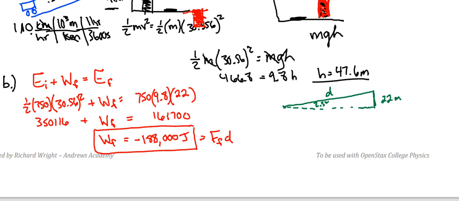So what is this distance? Again, the sine of the angle is equal to 22 over the distance. So the distance over which friction is able to act is 22 divided by the sine of 2.5 degrees. So that is a long 504.4 meters. And so that's what goes here for the distance.